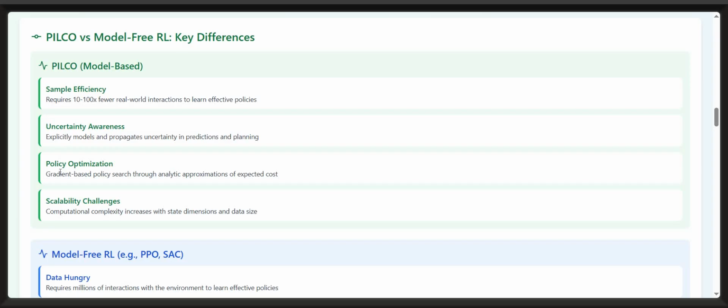Second, it models uncertainty explicitly, which we have been talking about. That improves robustness. And the policy is optimized analytically. We are using gradients that come directly from the cost estimate rather than relying on trial and error or random sampling.